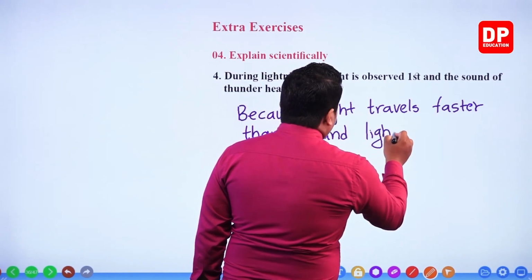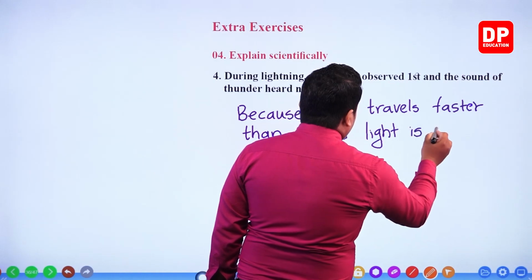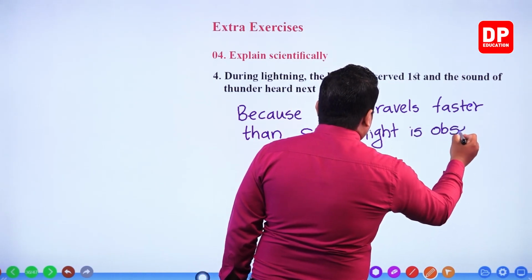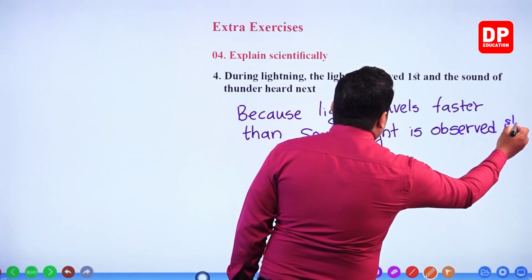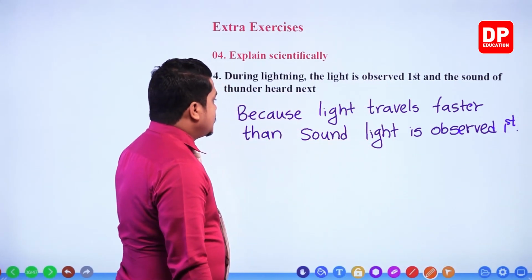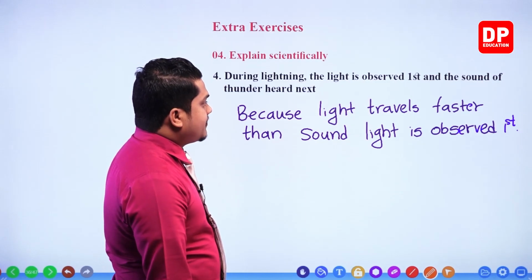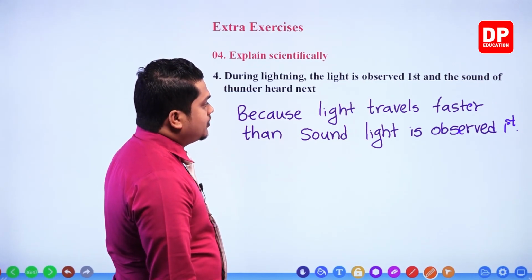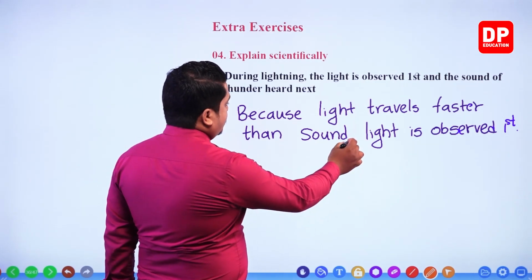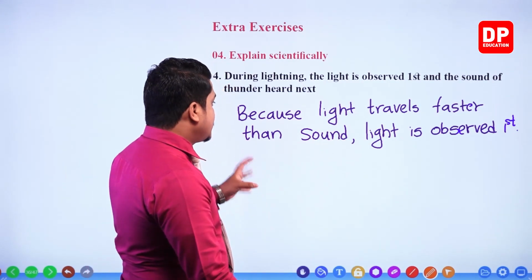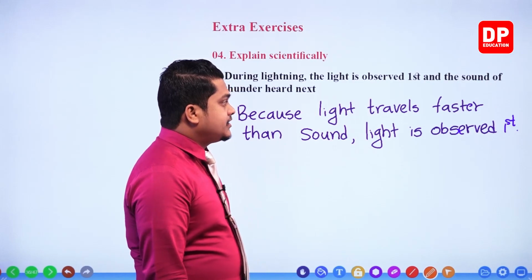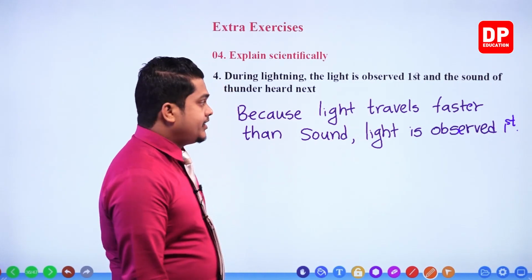Light is observed first. So, because light travels faster than sound, light is observed first, right? Light is traveling way faster than sound, my dear children. Therefore, light is observed first, right?